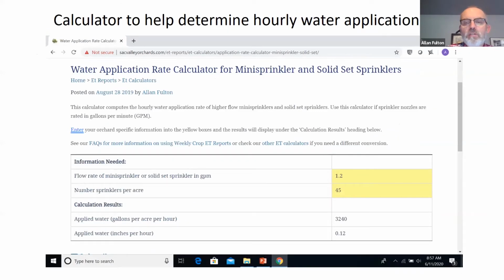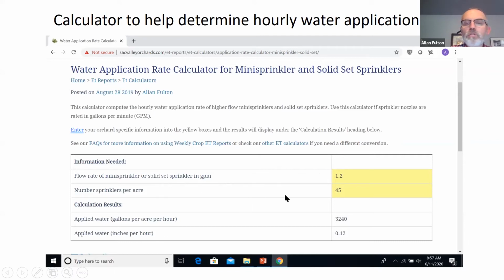This is a screenshot of the calculator. It's fairly simple. It asks for specific information, the flow rate of the sprinkler or solid set sprinkler that you are using in gallon per minute. So in this case, it's 1.2 gallon per minute for each individual sprinkler.